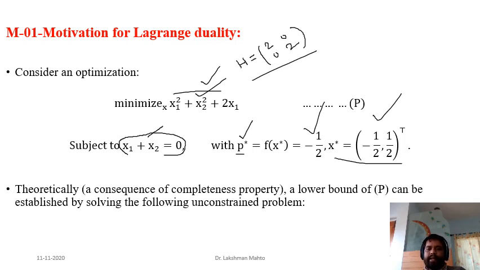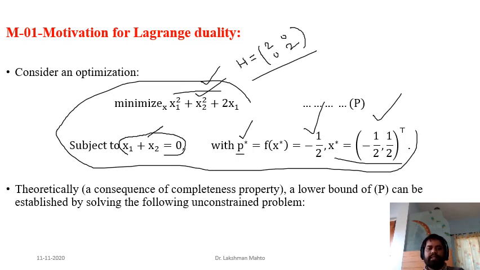You can see that it is a constrained problem, and if you remove the constraint, what will happen? You will get an unconstrained problem. That means the domain of the problem has increased. Due to the increase in domain, the corresponding optimal value will definitely decrease.